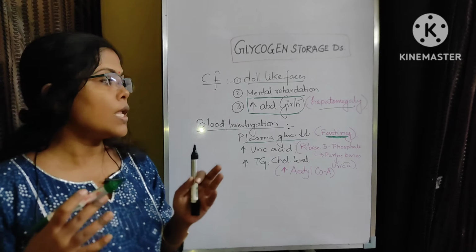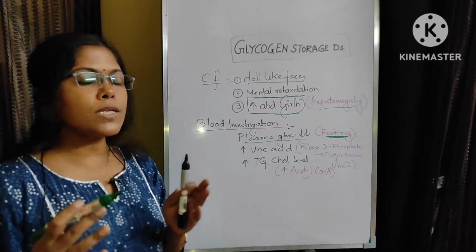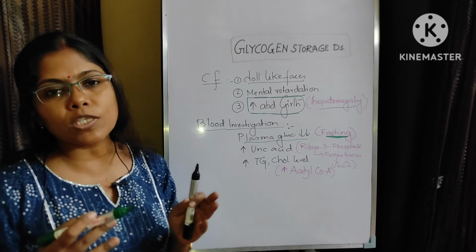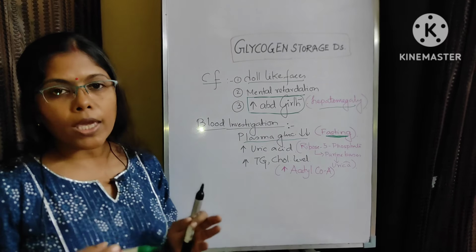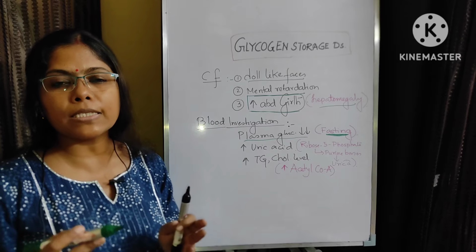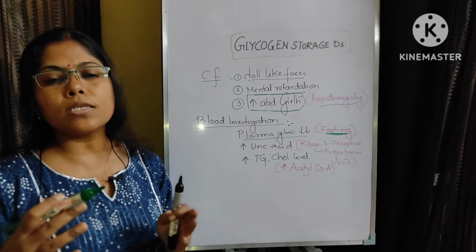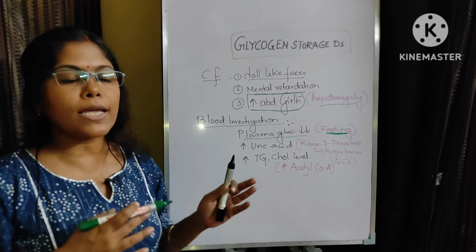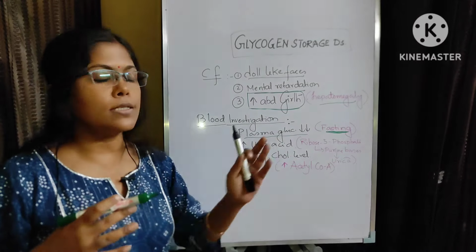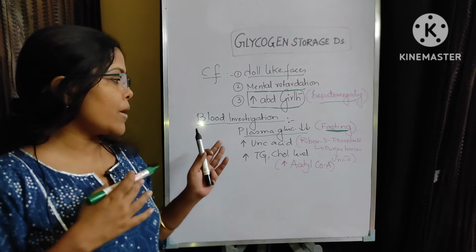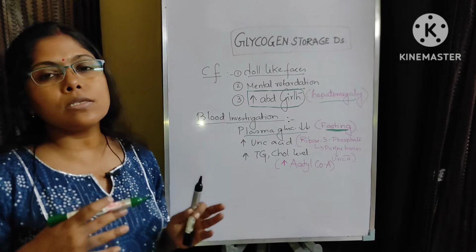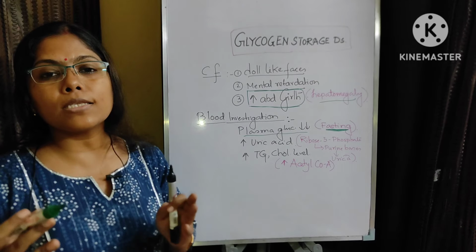And we know that ribose 5-phosphate is an important product of pentose phosphate pathway, which will go in further formation of the purine bases, and this increased concentration of purine bases will be catabolized to uric acid.